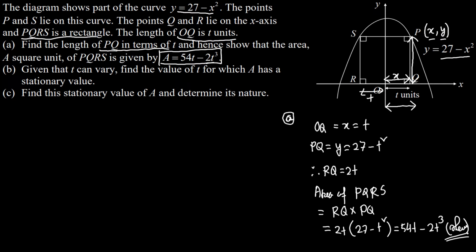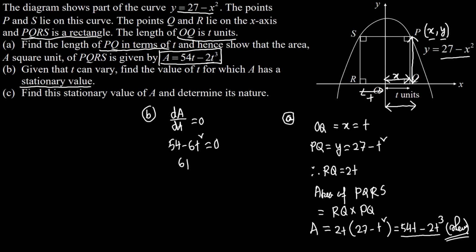The second part is written here. Given that t can vary, find the value of t for which A has a stationary point. We know for a stationary point we need to differentiate and set that equal to 0. If we differentiate the expression of A, which is 54t minus 2t cubed, we get 54 minus 6t squared, and then set it equal to 0.